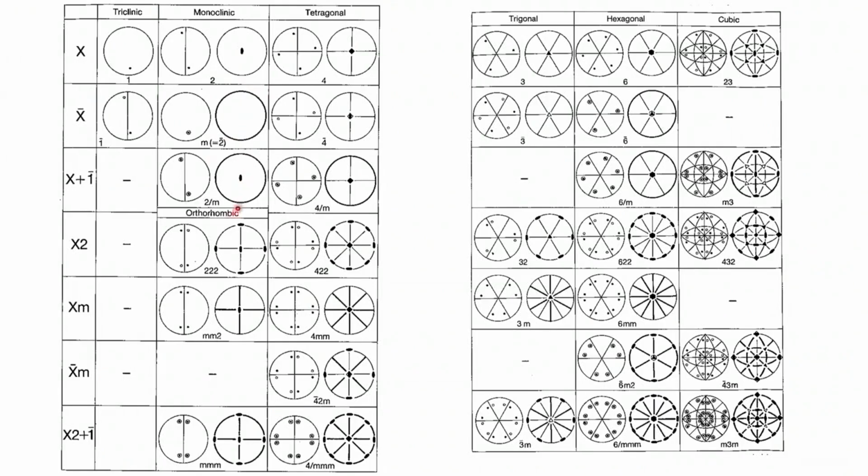In the case of the orthorhombic system now, we show the presence of 2 by m. This is the presence of a two-fold followed by 1 bar rotation. The two-fold followed by 1 bar rotation generates two possibilities. One is the presence of this equivalent points. Now you see the mirror is in the middle, and therefore this is a presence of a two-fold, and now this is a darker circle. So the two-fold axis is coming towards us.